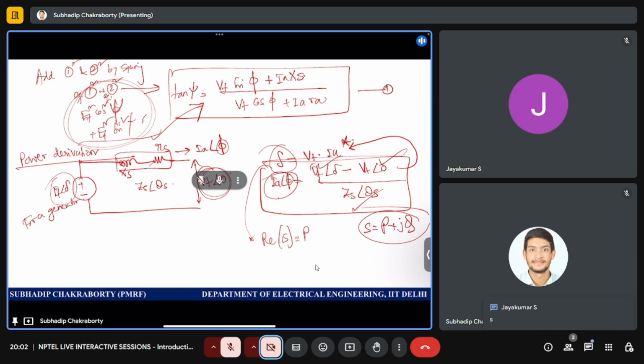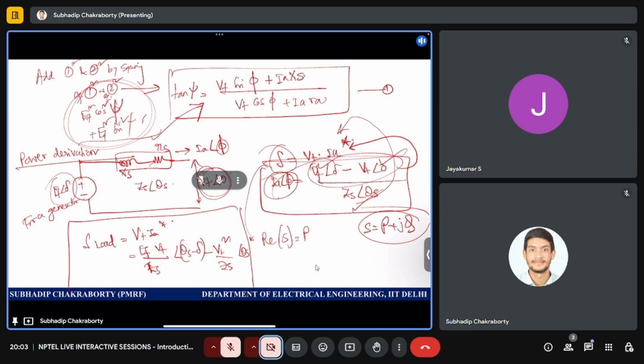So if you just put the value of IA into this equation and take the conjugate, conjugate means you just take the negative of the overall angle, right? So you'll get the formula S load = VT IA conjugate, which will come out as EF VT by ZS angle (theta S minus delta) minus VT square by ZS angle theta S. So this is the formula.